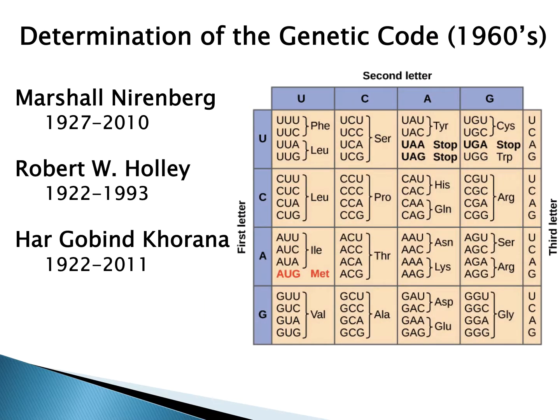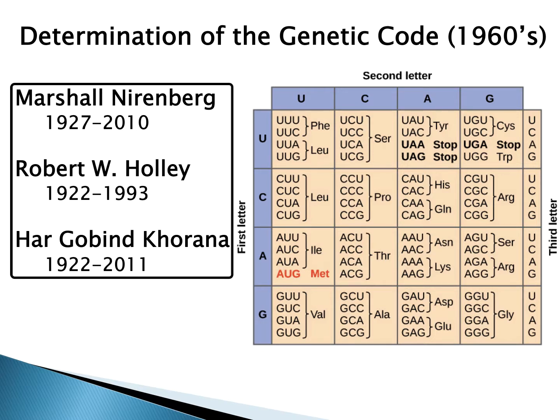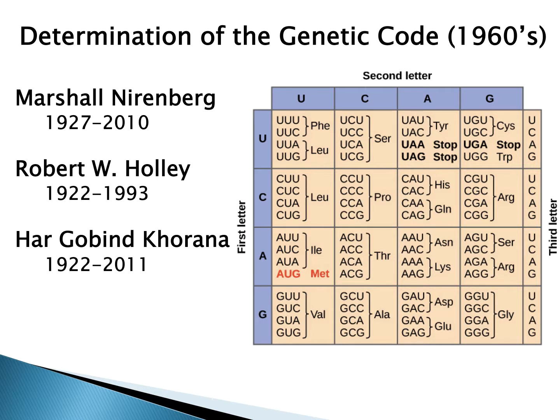So one of the next steps in the field that became molecular biology was, how do you determine the genetic code? And this was done during the 1960s by Nirenberg, Khorana, and their colleagues. And they employed several different methods to determine what the genetic code was.